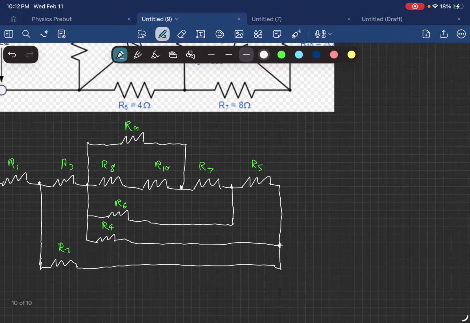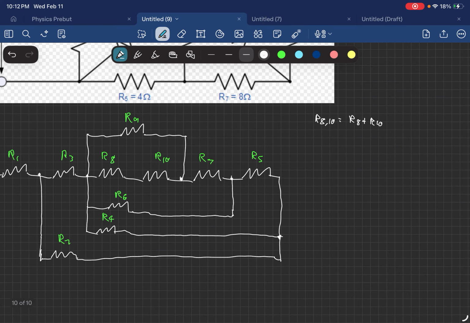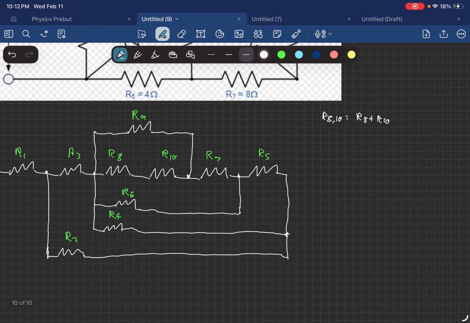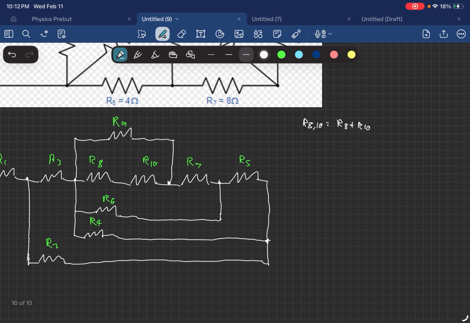So you can say that R8,10 is equal to R8 plus R10. Again, we're just writing equations, we're not actually solving for it. Next, now we have R8,10. You can see that R8,10 is parallel to R9.